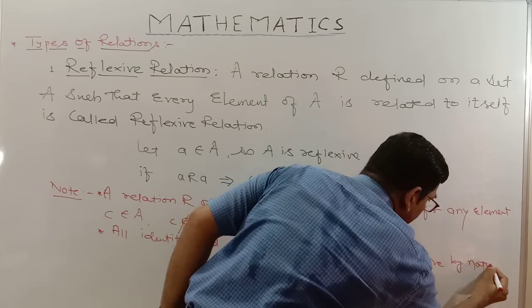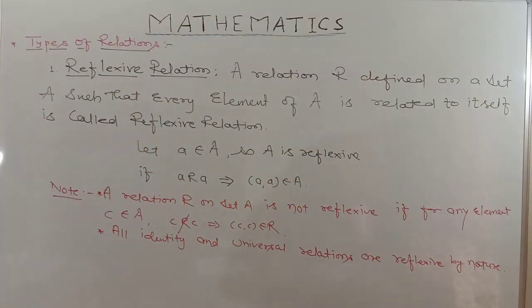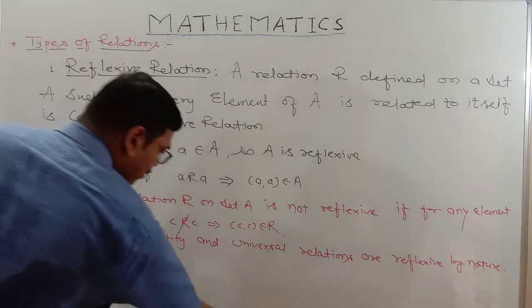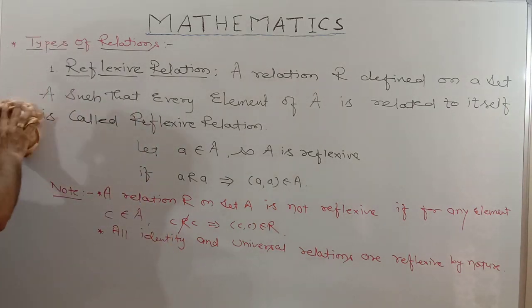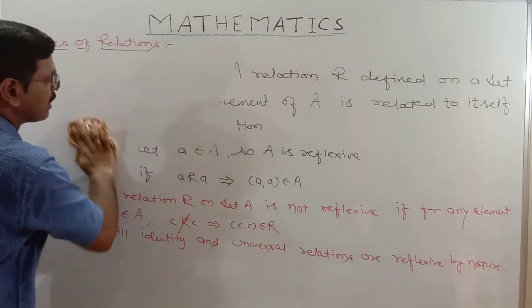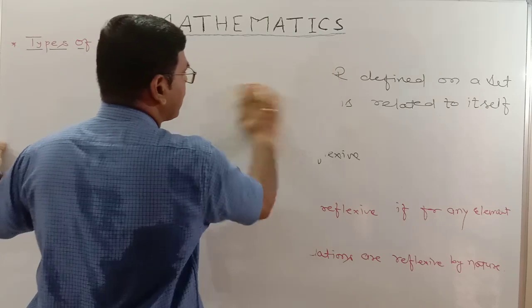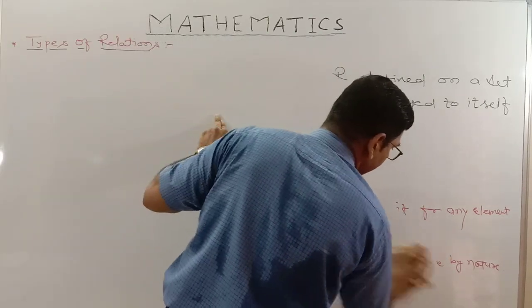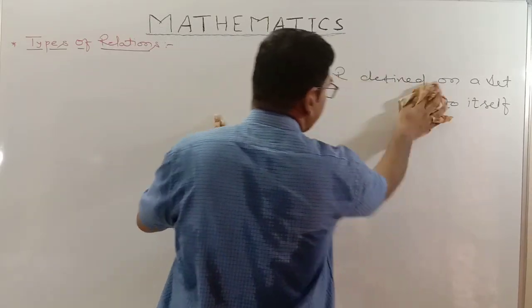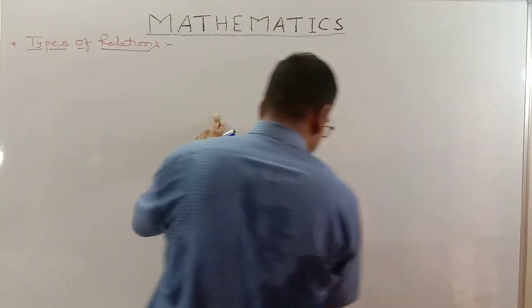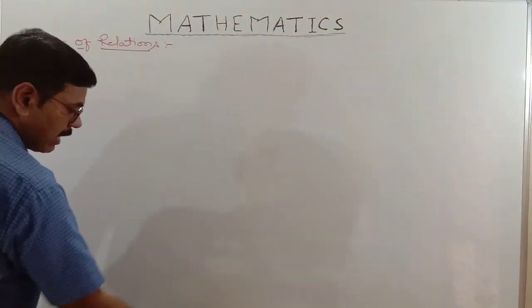In the sense, all the identity relations and all the universal relations are reflexive. So you must note down all this. Okay, so this is all in reflexive relation. I am just making it clean. Now the second type we are studying. As I have told, you just pause and write down all the things, definition, information, all. Okay, and then move ahead. Your class notes should be prepared with this. I'll check the class notes rather.